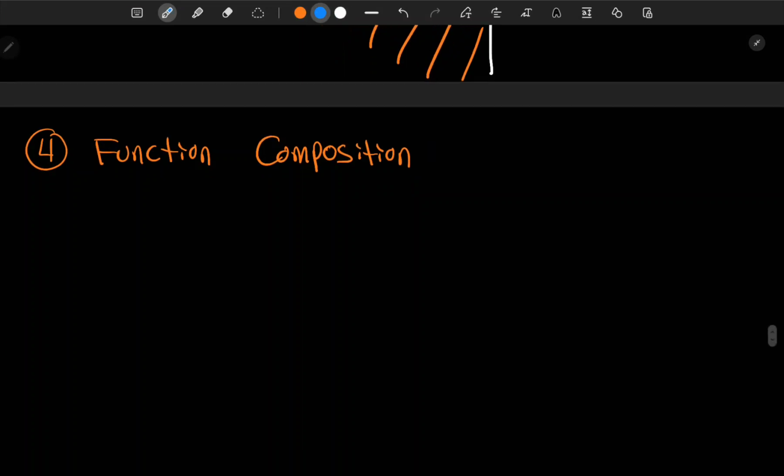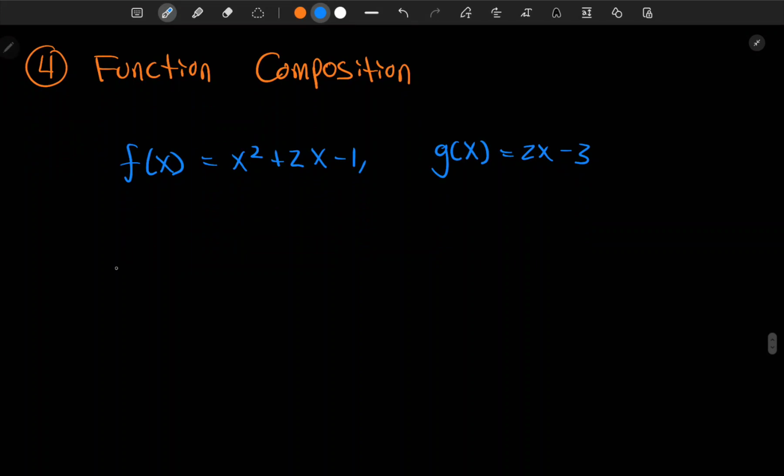So given the functions f of x is equal to x squared plus 2x minus 1, and g of x is equal to 2x minus 3, we'd like to consider the following. Firstly, what is f composed with g?